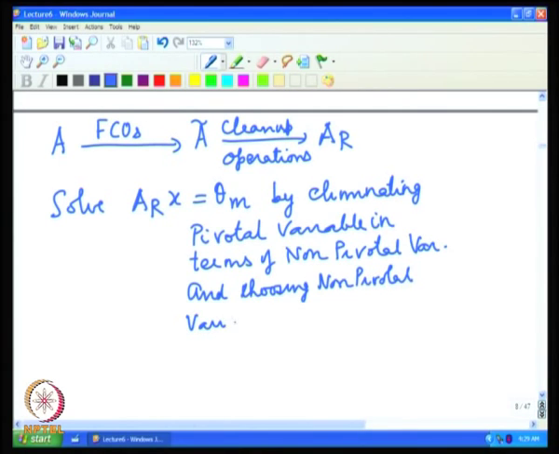You have to choose the non-pivotal variables arbitrarily. You have all the freedom over them. And that is the general strategy.